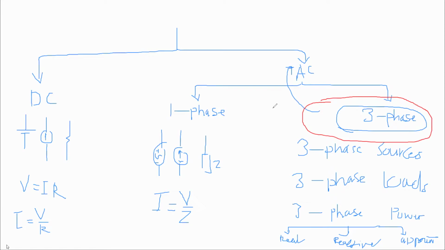Now question, very good question. What do you mean by phase? So this circuit is called single phase.